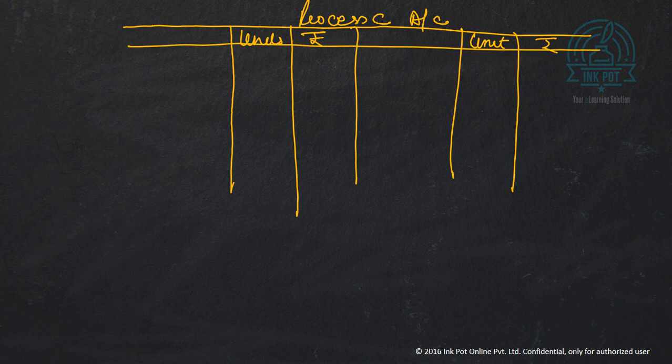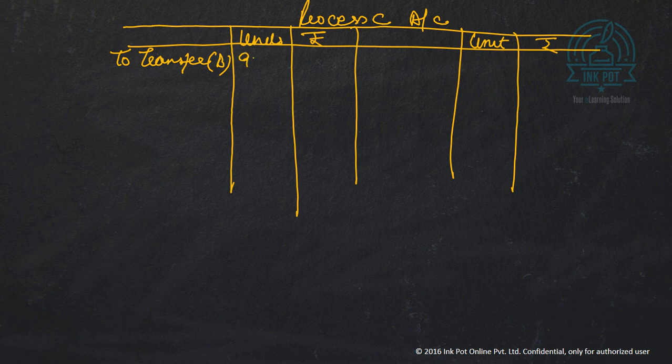Now in process C account, again we have to check the information. First of all, the units of process B will be transferred to process C as input from process B account.